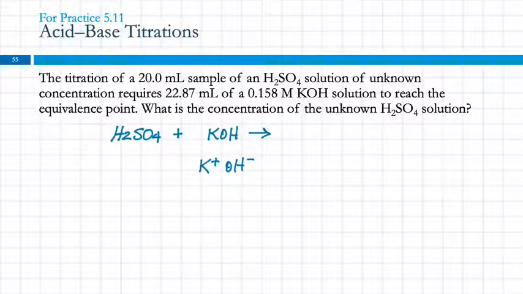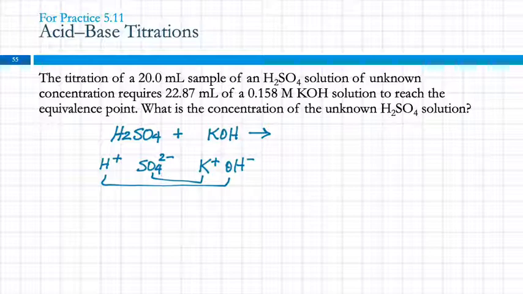So this is going to be H+, and we're going to look at that ion, the sulfate, with all of the hydrogen ions off of it. So we're going to swap partners. And we're going to get H+ with OH-, and potassium with SO4 2-.